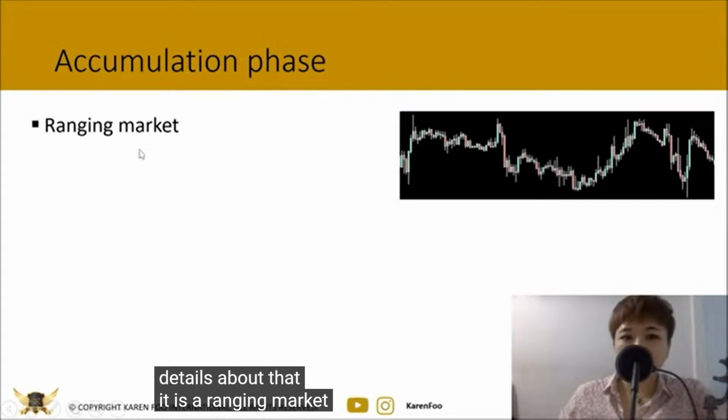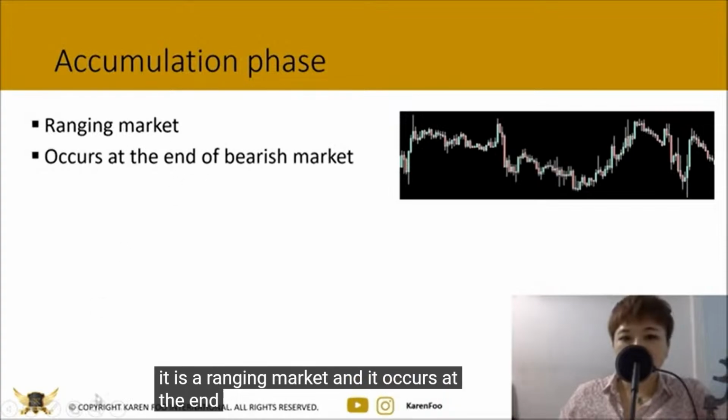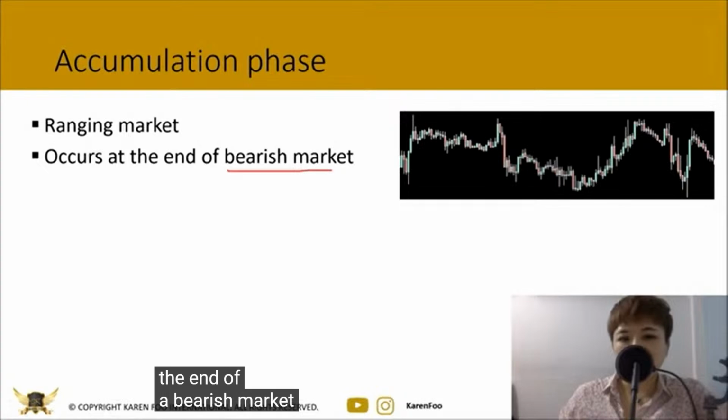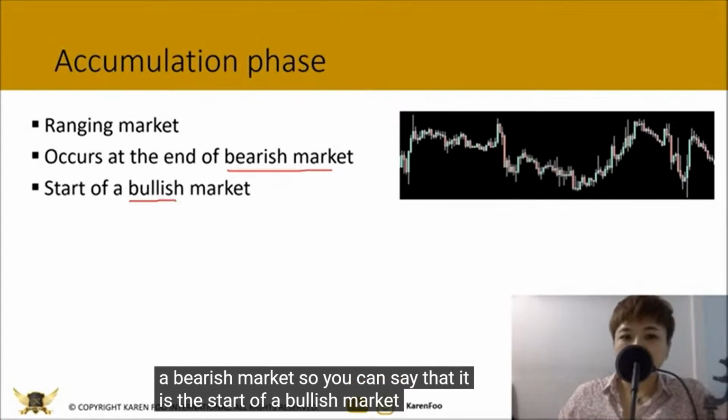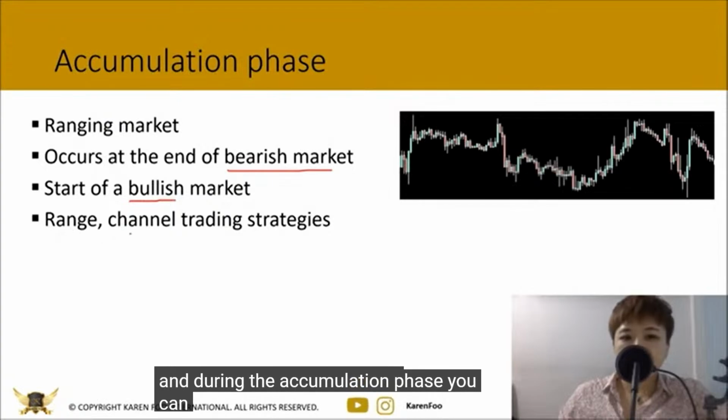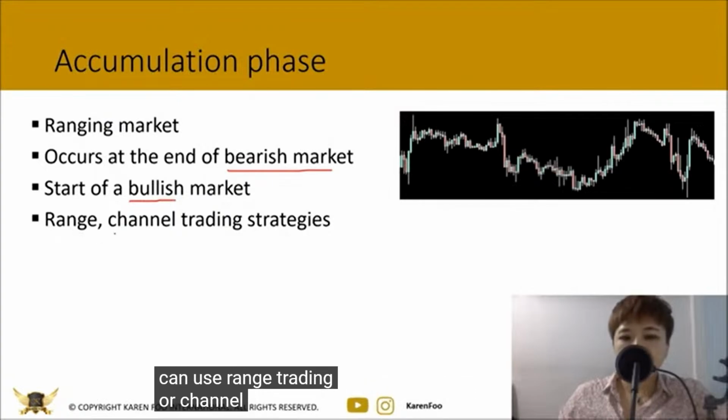Accumulation phase, a little bit more details about that. It is a ranging market and it occurs at the end of a bearish market. So you can say that it is the start of a bullish market. And during the accumulation phase, you can use range trading or channel trading strategy.